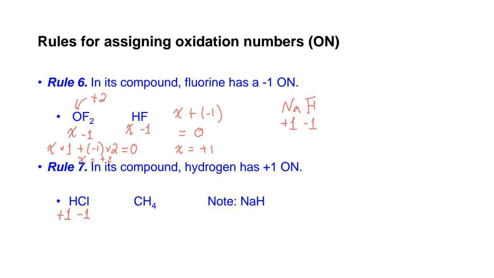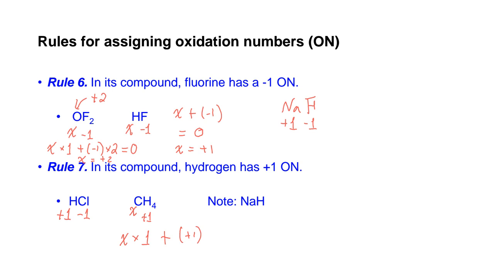Then let's figure out the oxidation number of carbon for CH4. The oxidation number of hydrogen is +1. How about the oxidation number of carbon? Let's say that is X. Again, we are going to use rule number 3. The oxidation number of carbon is X, and we only have one carbon atom, plus the oxidation number of hydrogen, +1.